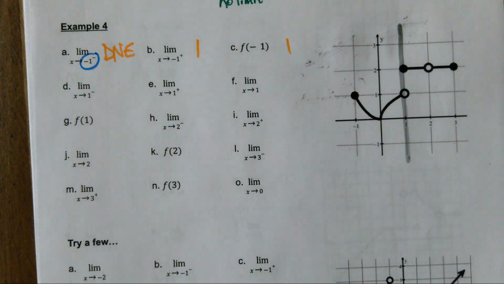So on the left, where is it going? What's the difference between f of -1 and the limit? This is the value, and this is where it looks like it's headed. And often they're the same, but often they are not.